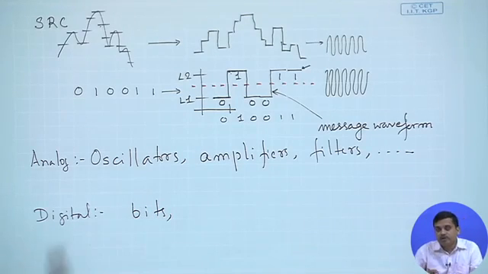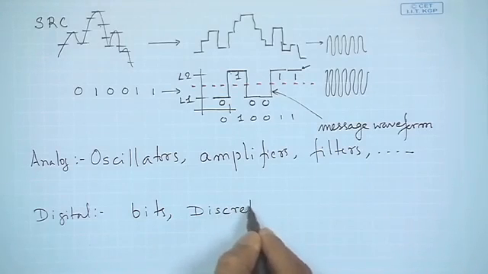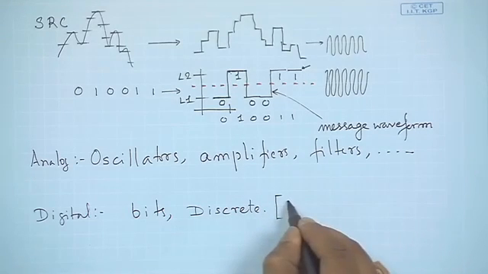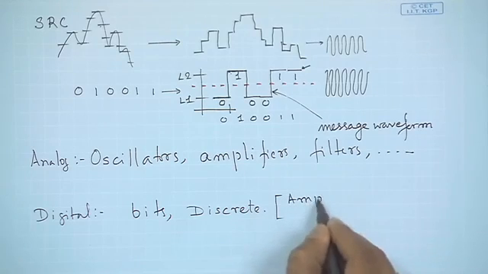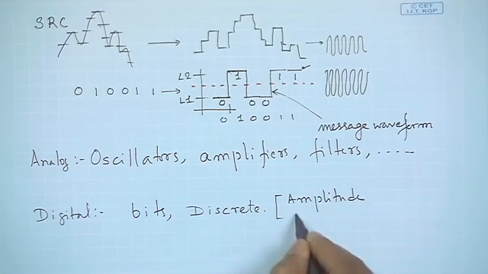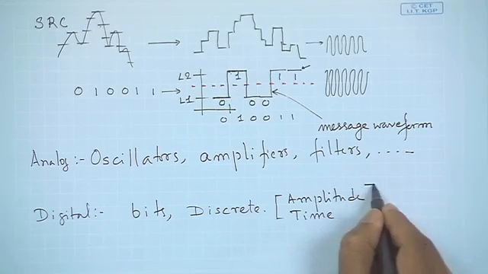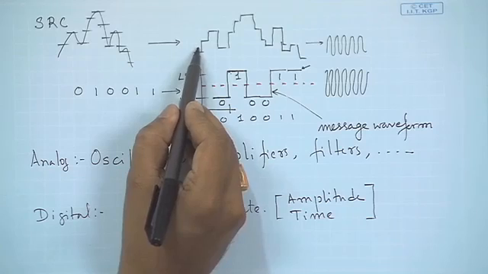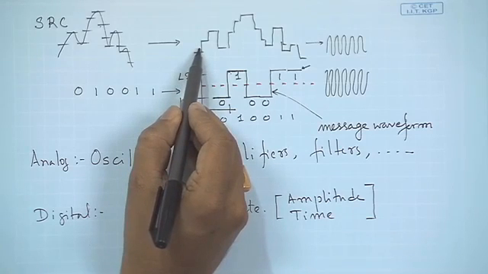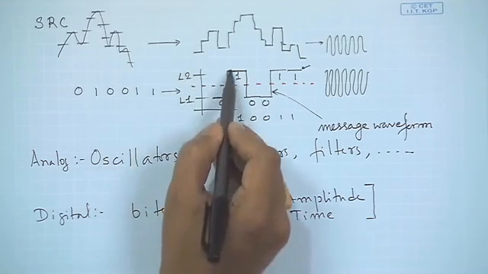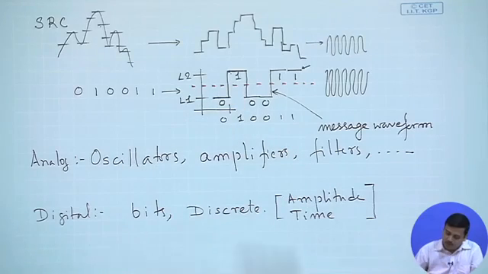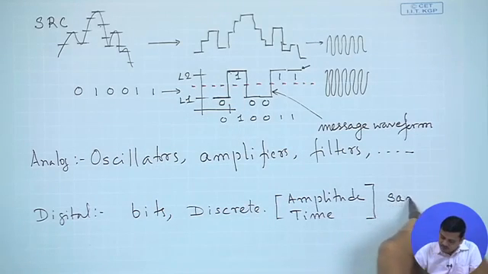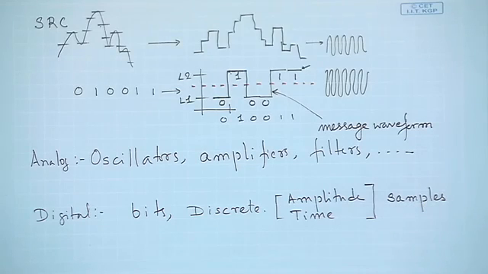If it's a little bit more advanced, then we would think going beyond bits, we'd go to discrete. So when we say discrete, we mean discrete in amplitude and in time. So when we have these two things, this is actually a discrete signal that we're talking about, and if it's only two levels, it's basically binary. So in other words, we are talking about samples, right?